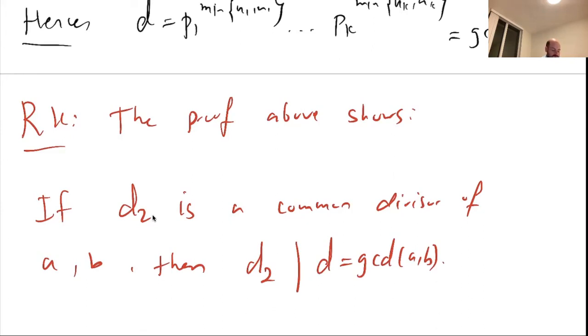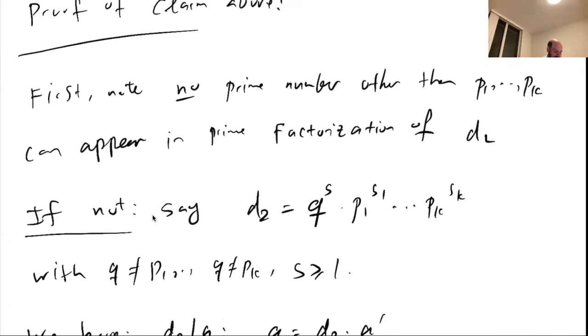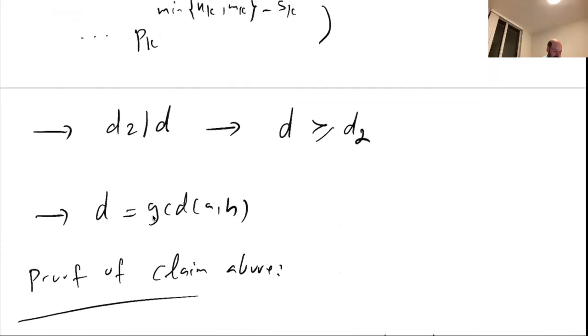But the proof showed that not only is D bigger than or equal to D2, D2 is actually a factor of D. This is actually the way that we showed that D is bigger than or equal to D2, remember? Let me show you here. Look at the first line here.